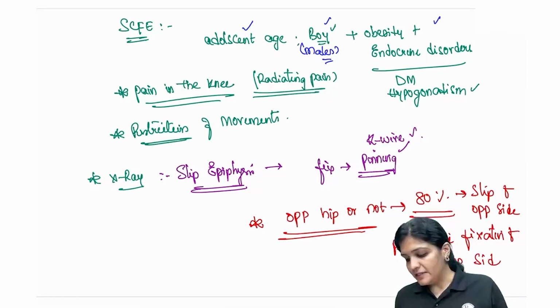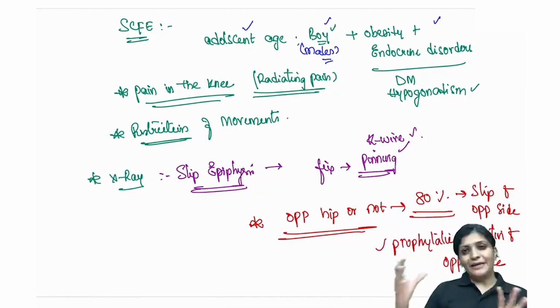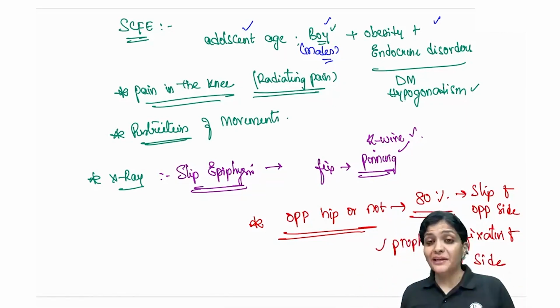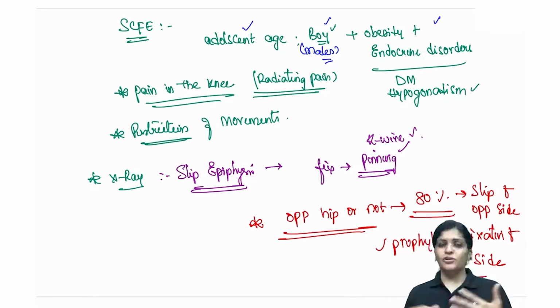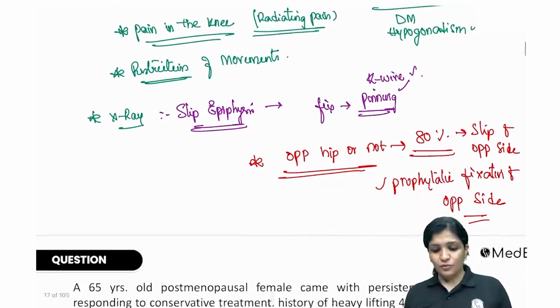So this should be your answer, that we also fix the metachronous slip. Metachronous means the opposite side also gets into slip over a period of time. Once you have treated this, over 4 or 5 months he will also present with the opposite side slip. So you will always advise the patient that it is easy for you to fix the opposite side also. This is called prophylactic fixation of the opposite side.